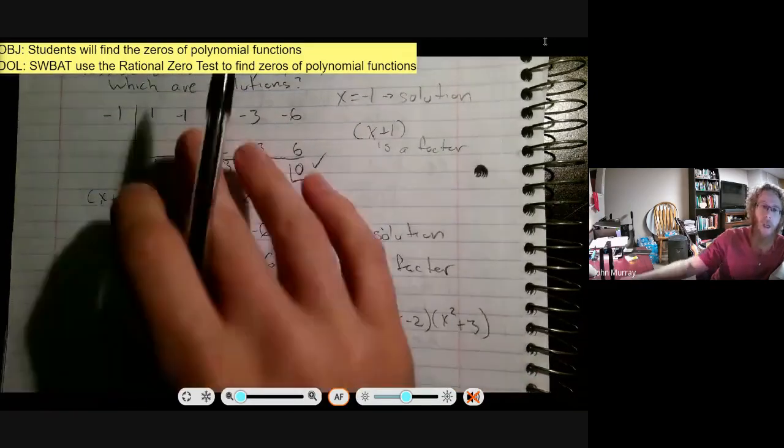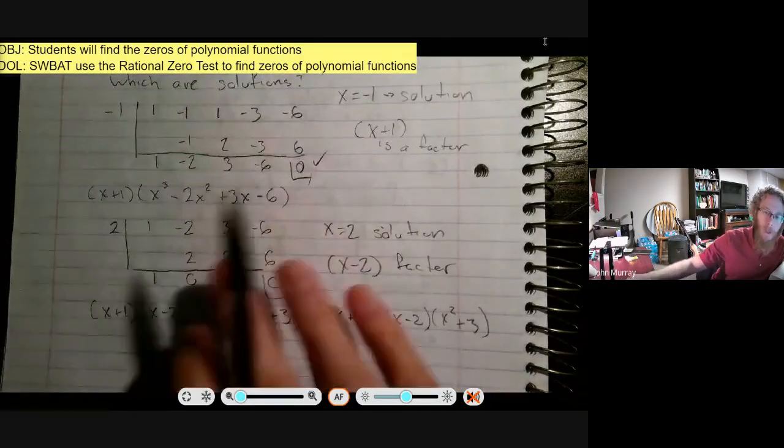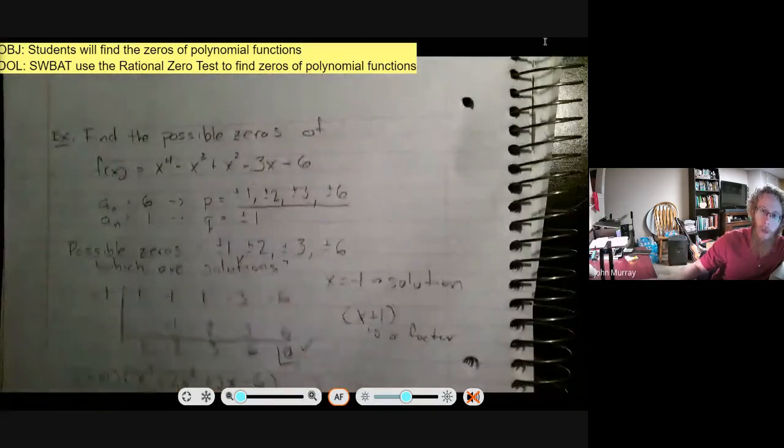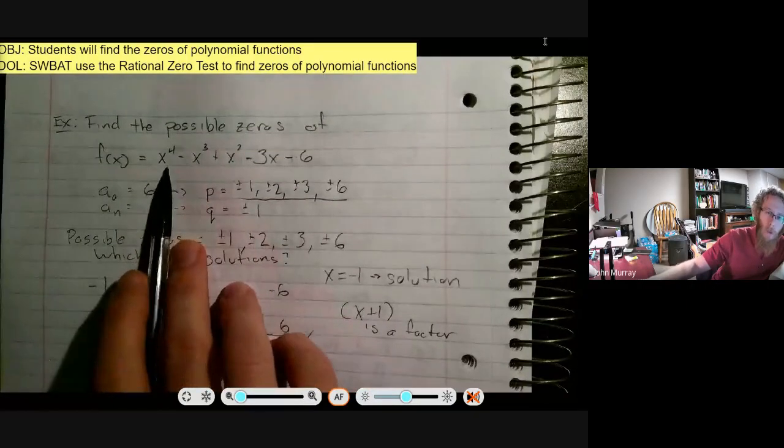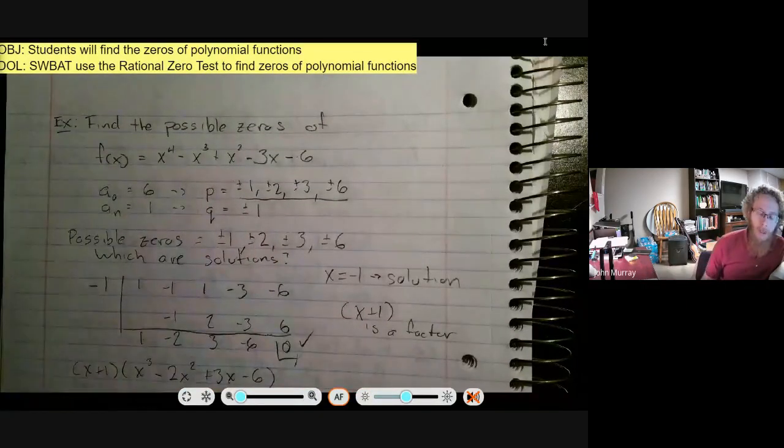For homework tonight, I'm not going to ask you to do this right now because we're not completely done with it. But I am going to give you 2 or 3 polynomials, and you're going to tell me the possible zeros of that polynomial. I don't think you have a plus or minus key, so type them in separately, I guess.